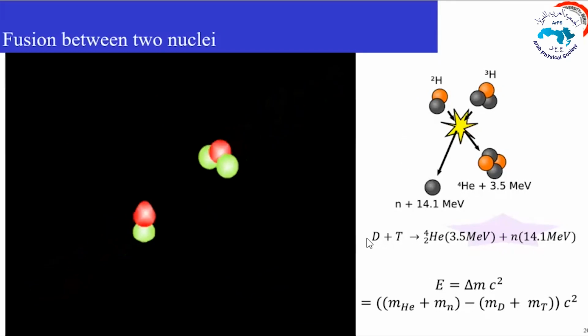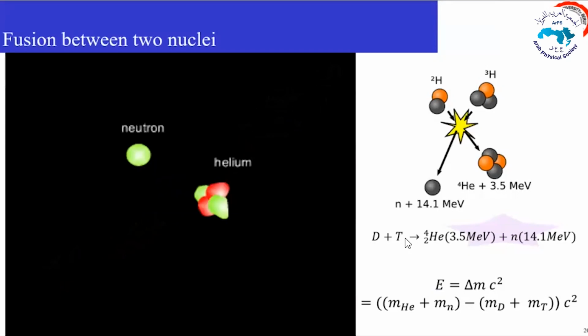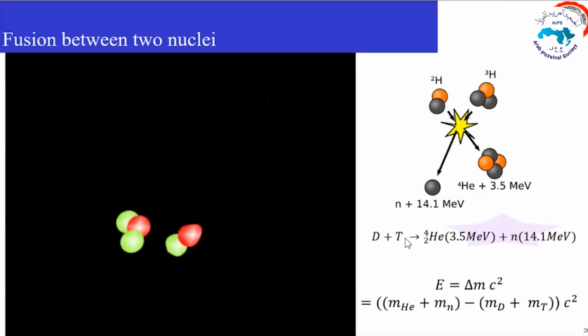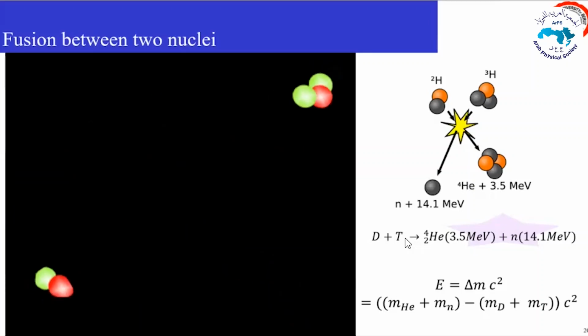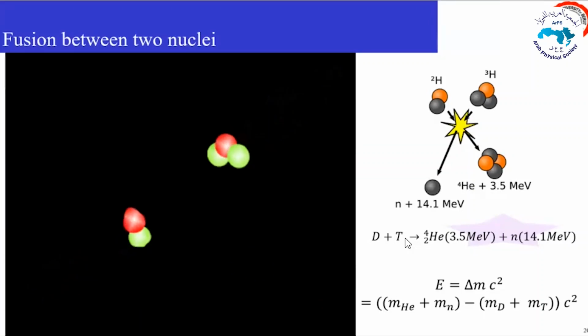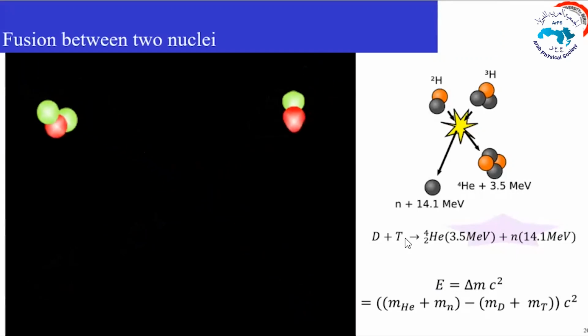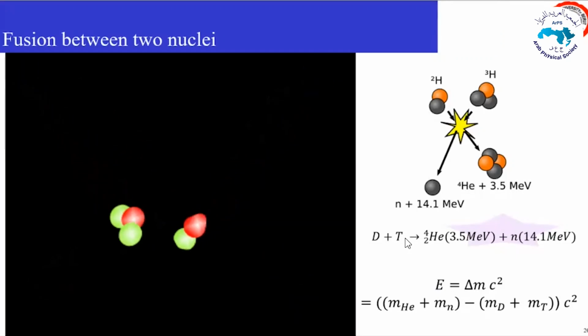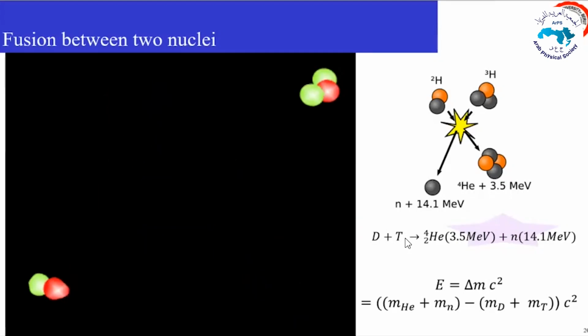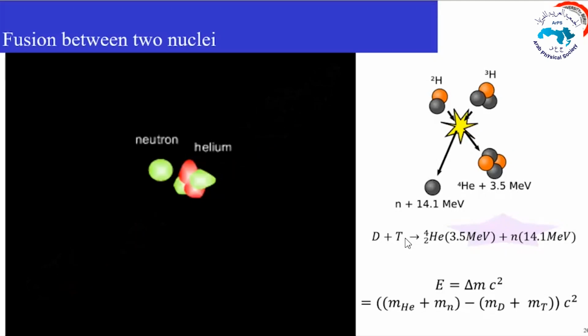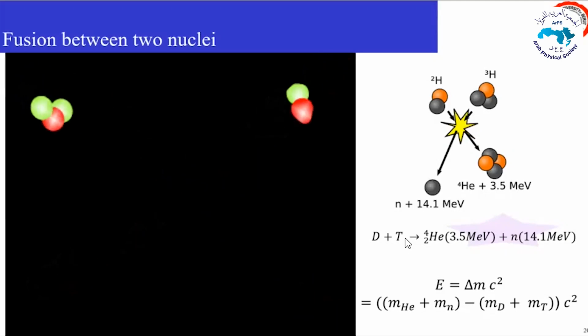And this energy basically comes from the difference in mass. The mass of the helium and the neutron, which are the products of the reaction, is actually smaller than the individual masses of deuterium and tritium. And the difference in this mass multiplied by the speed of light squared gives you the amount of energy that is being generated.